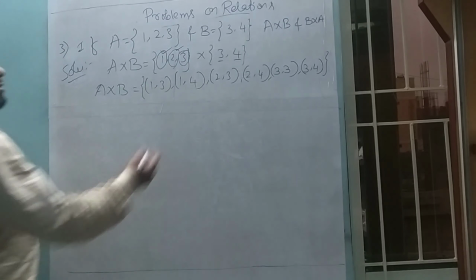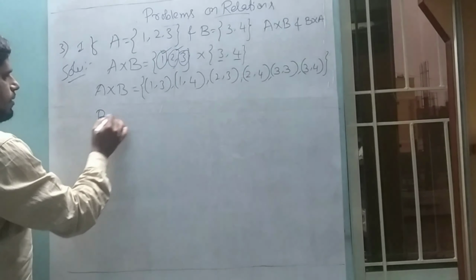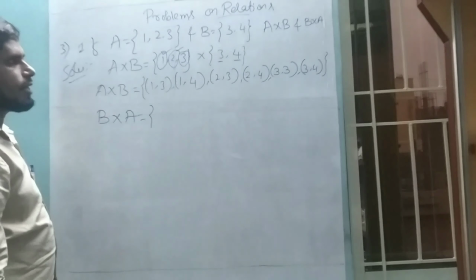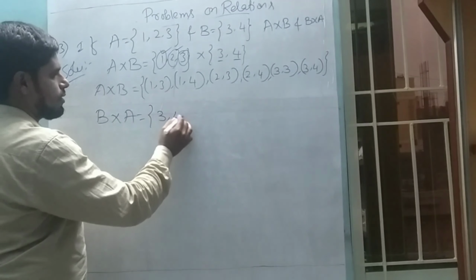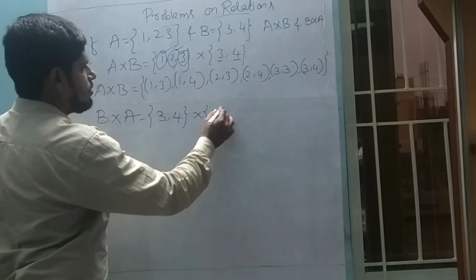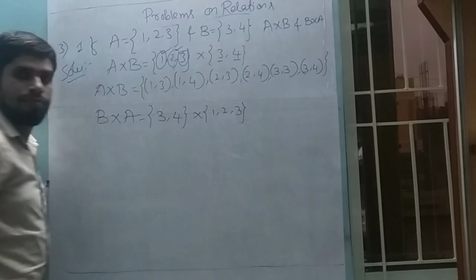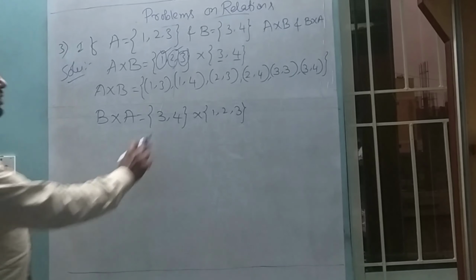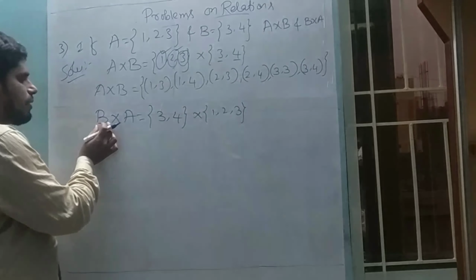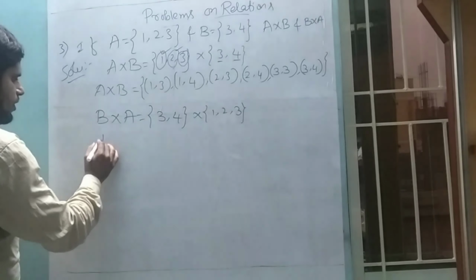Okay, let us find B cross A here. B cross A. So first set is B. So we'll take 3 comma 4. Next is A. So that is 1, 2, 3. Again here 2 into 3, it is 6. So I need again 6 elements in my B cross A. Let us see what are the elements.